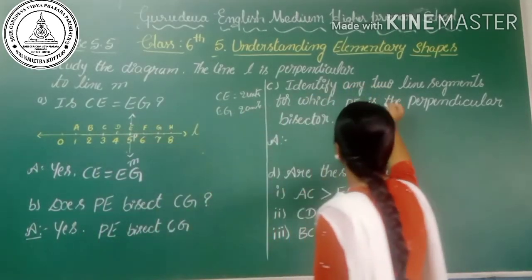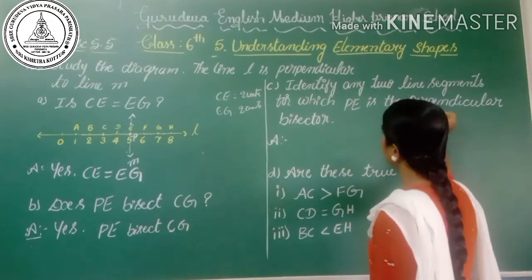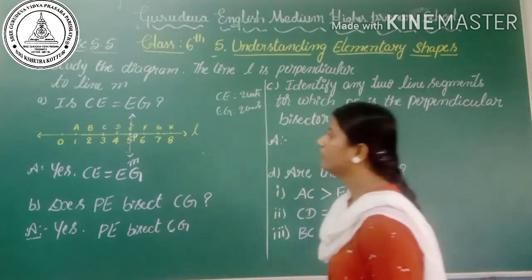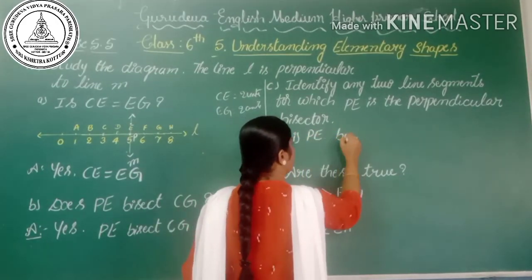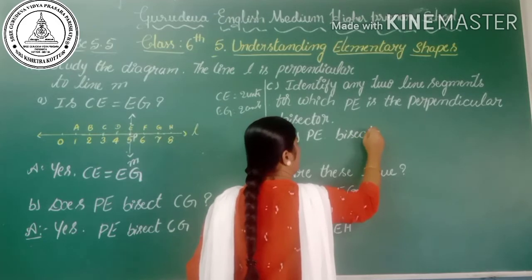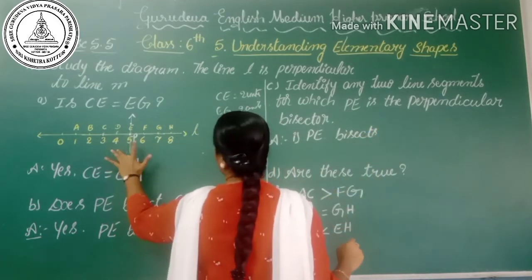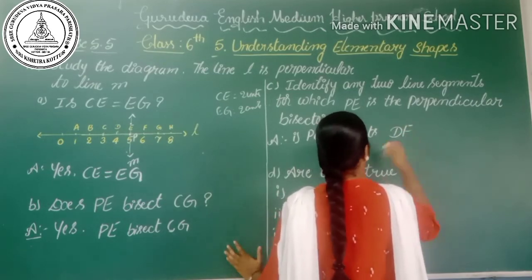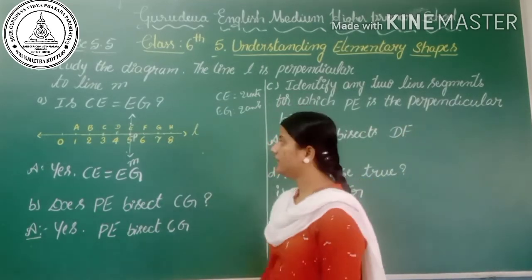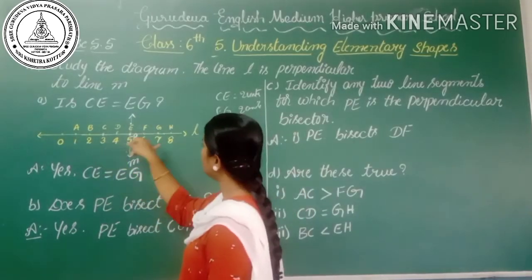So the first one, PE bisects DF. Then the second one, see here CG.